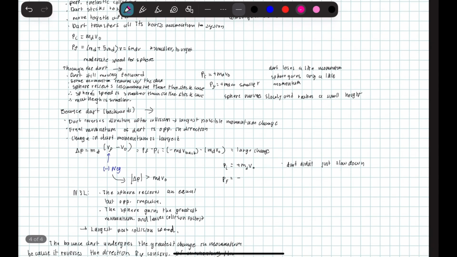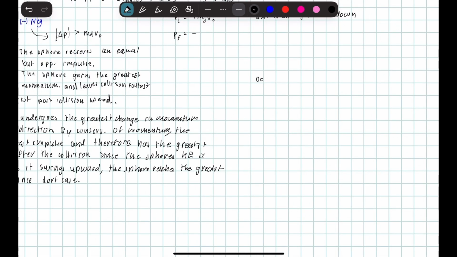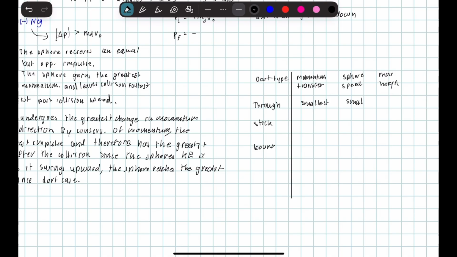So I can write that down here: dart type, momentum transfer, sphere speed, max height. Pass-through is the smallest, stick is medium, and bounce is the largest.